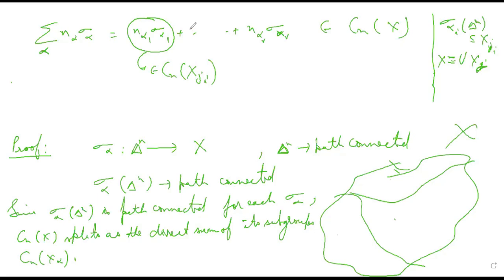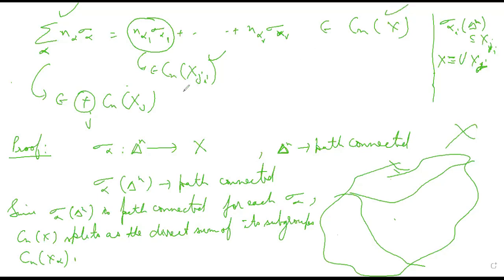Similarly, the next one. So ultimately, what we have is in CnXj. So CnX is the direct sum, because each term here is going to be in a single CnXj.